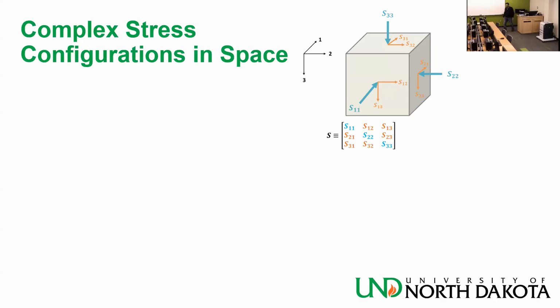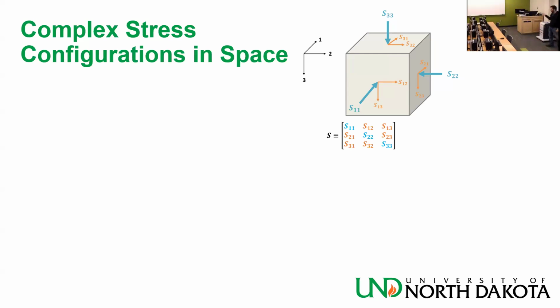The stresses. Okay, so if I really want to characterize mathematically the stress field, I don't need 3 values. I need 9 values. I need a tensor. Which has normal stresses in the light blue color, and then I have shear stresses that are the orange color.